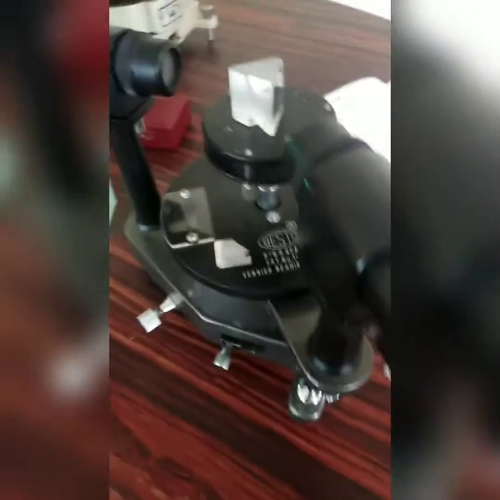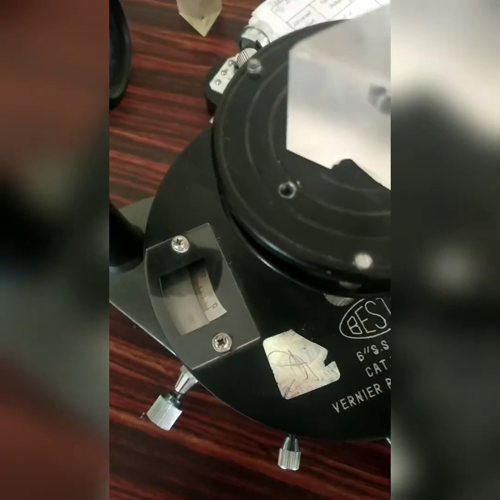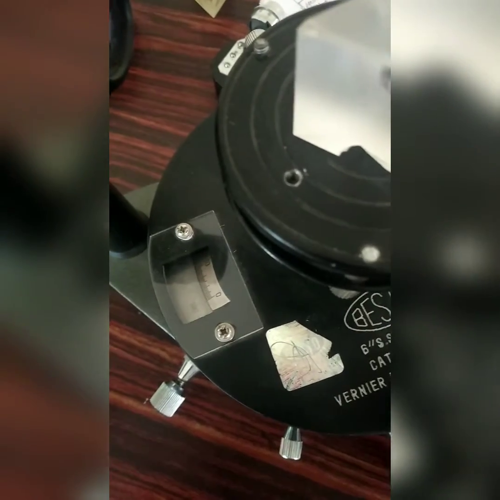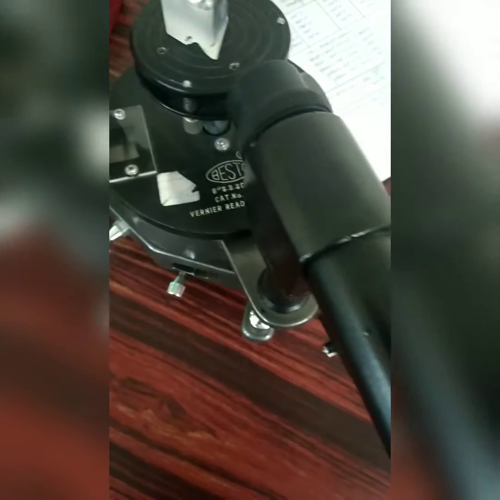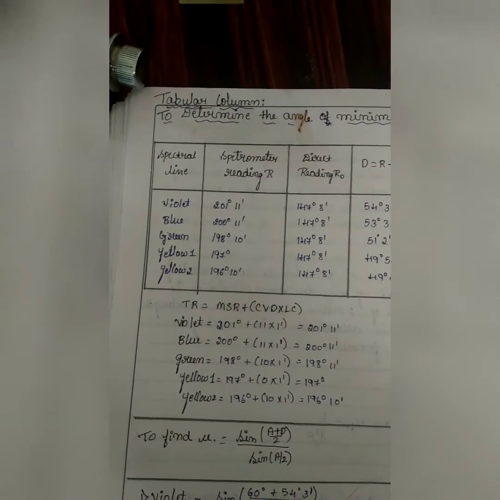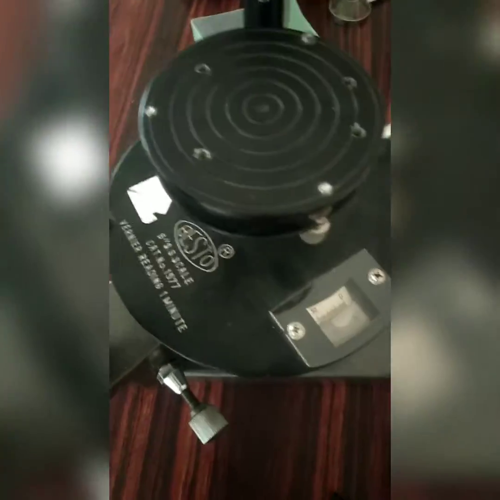Again you take the reading from the circular scale, note down the MSR and CVD, calculate the total reading and note it down in the tabular column. You continue the same experiment for green color, yellow one and yellow two. For each color you note down the MSR and CVD and calculate the total reading. After doing this, you have to remove the prism table.